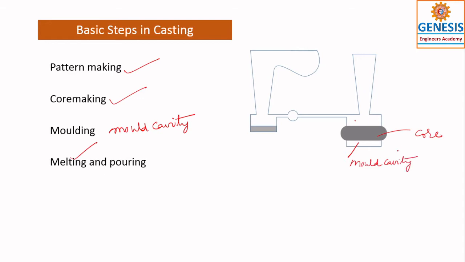This is hollow because there is a core inside. This is called the pouring basin, and this is called the sprue, and this line running through, which connects the sprue and the mold, we call the runner.